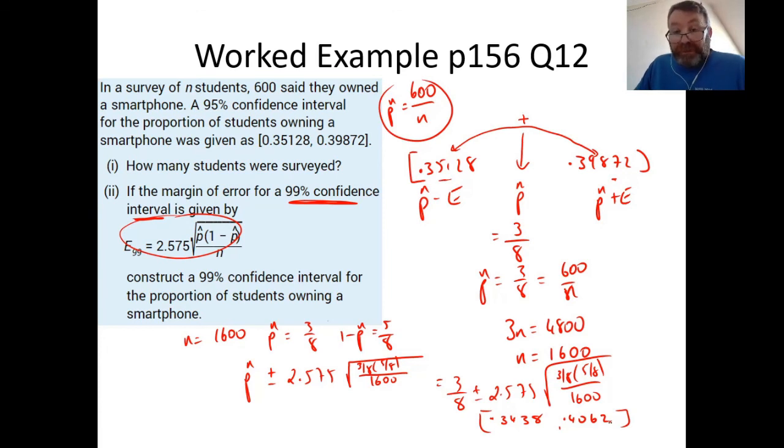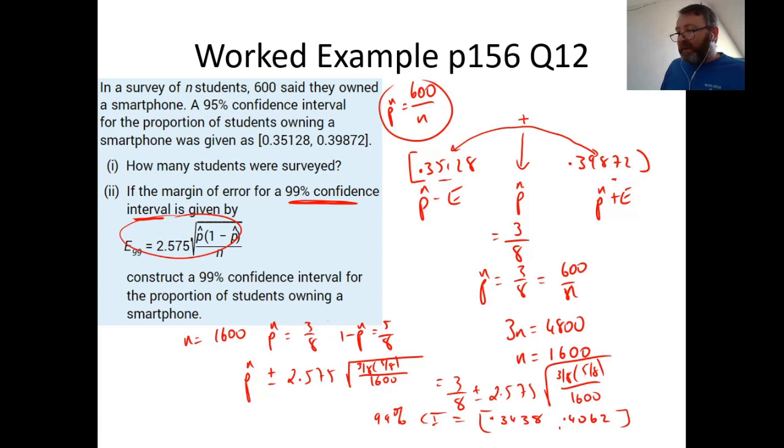Now, what does that mean? Say they asked you part C, explain what this means. It means that with 99% confidence, I can say that the percentage of students owning smartphones in the population is between 34.38% and 40.62%.